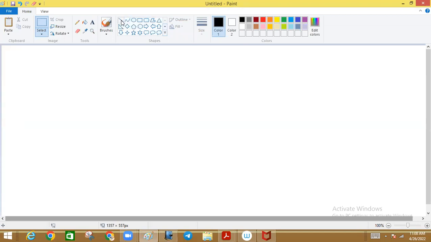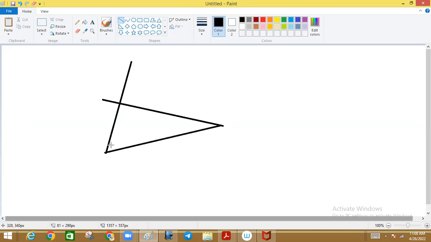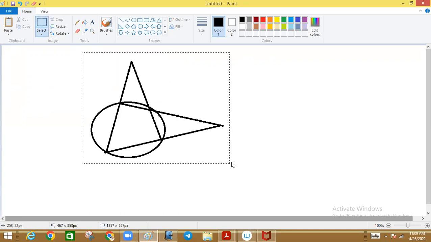So here all you need to do is draw the quadrilateral first, then extend the sides like this, and draw the quadrilateral passing through a circle like this.